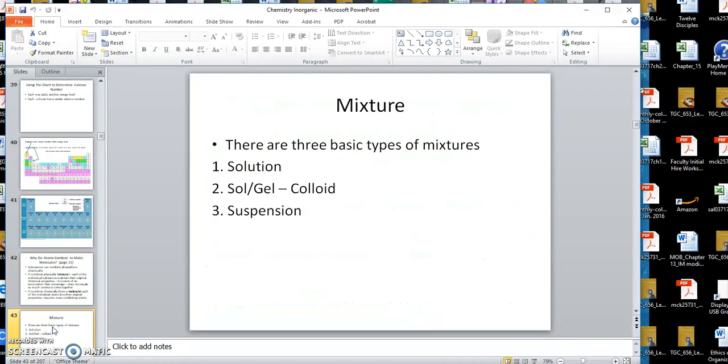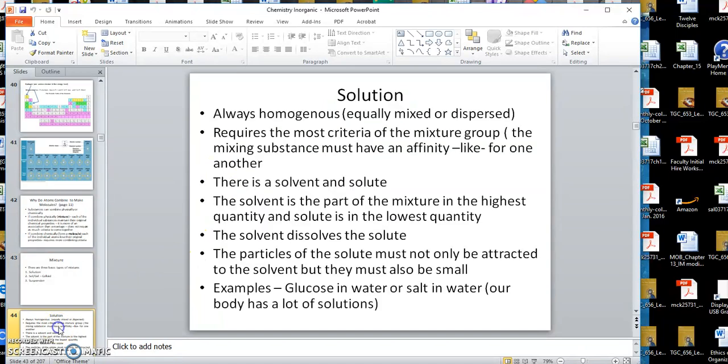There are three basic types of mixtures: a solution, a sol gel, which is also called a colloid, and a suspension. The one that has the greatest criteria to put together is a solution. In a solution, it is homogeneous. What does that mean? Equally dispersed.